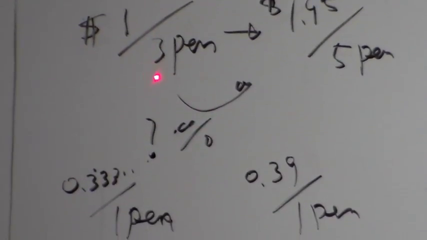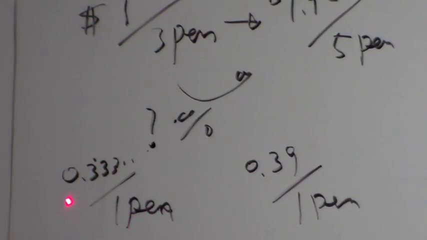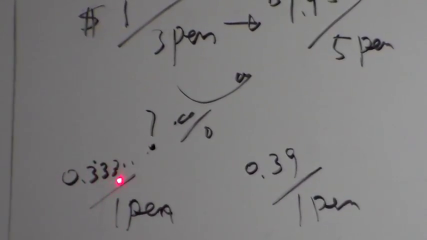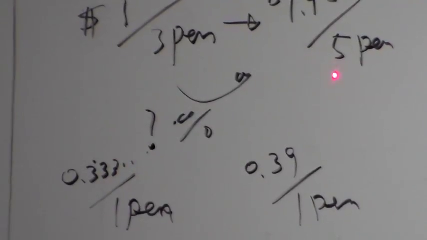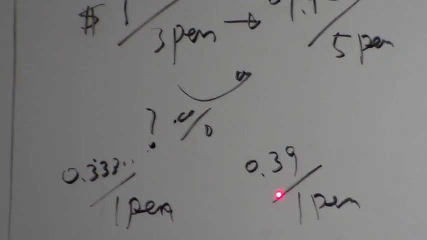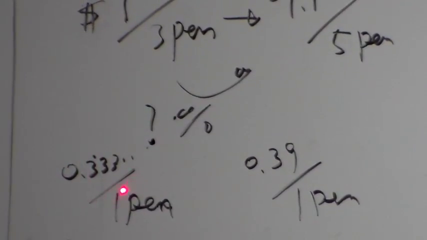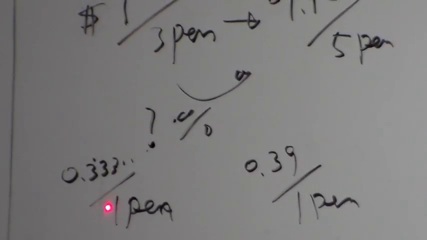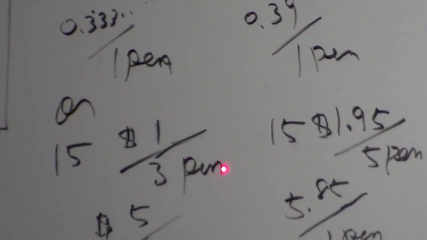From here we divide by 3, so 1 pen costs 33 cents. This one, 1 pen costs exactly $0.39, but the problem is this one we cannot figure out exactly. So another trick, this is a good trick, I like this one.